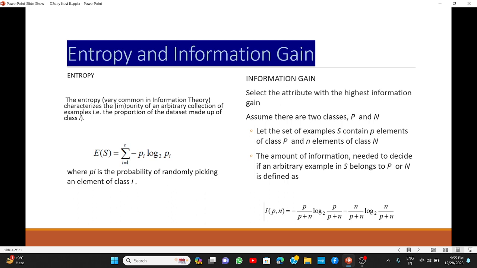The entropy characterizes the impurity of an arbitrary collection of examples, i.e. the proportion of the data set made up of class i. Then the formula of entropy of all the sets is minus the sum of pi log pi, where pi is the probability of randomly picking an element of class i.